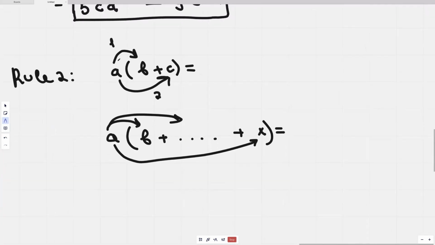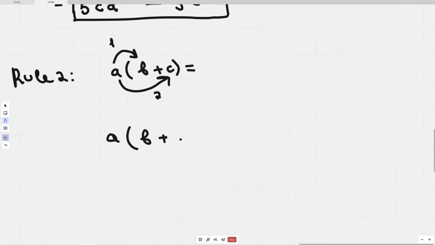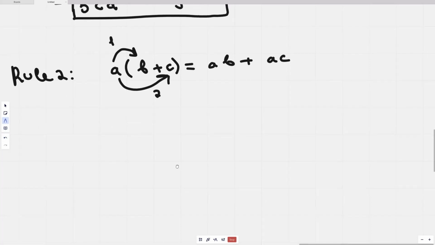So firstly, a multiplied by b is equal to ab, and a multiplied by c is equal to plus ac. So what if this term is negative?